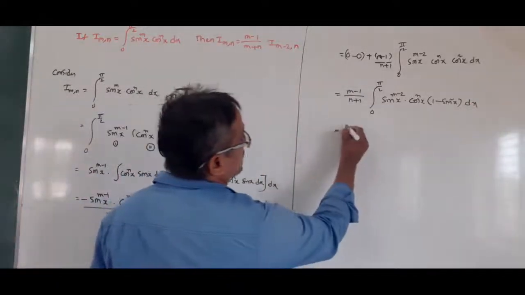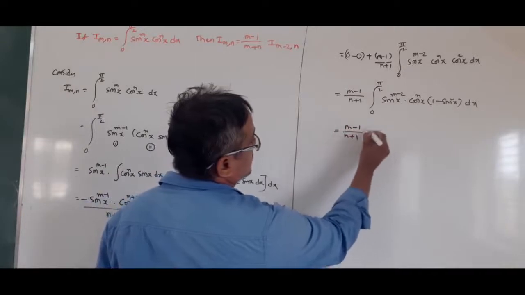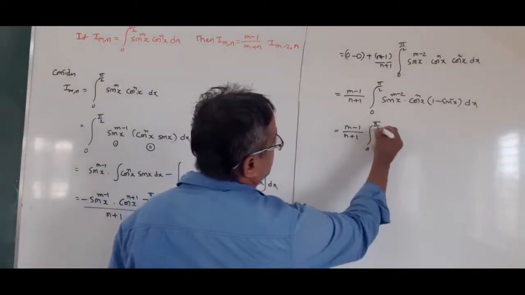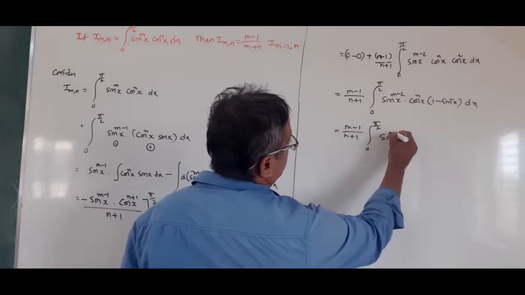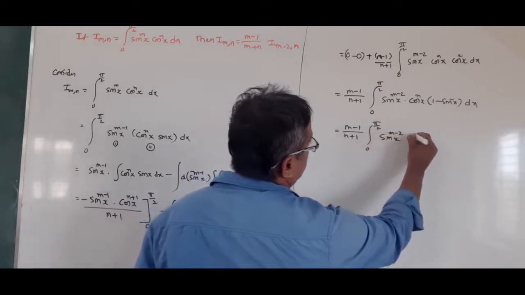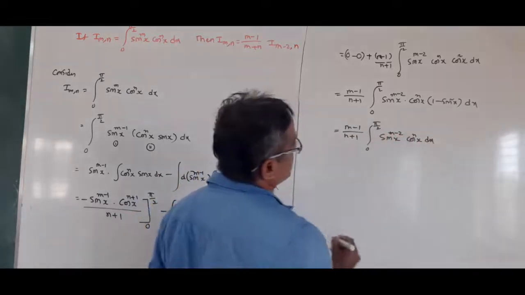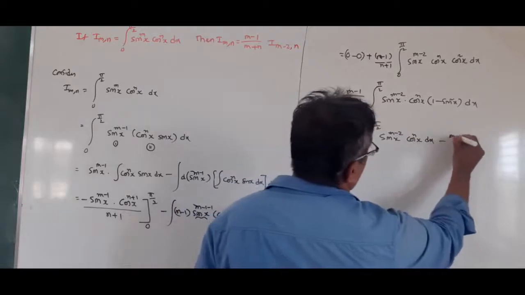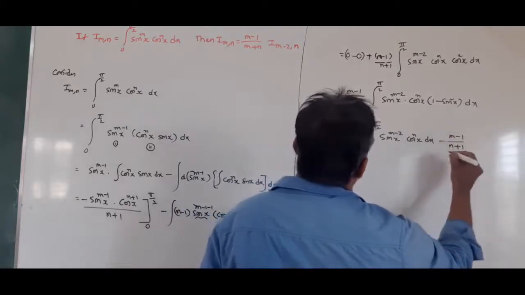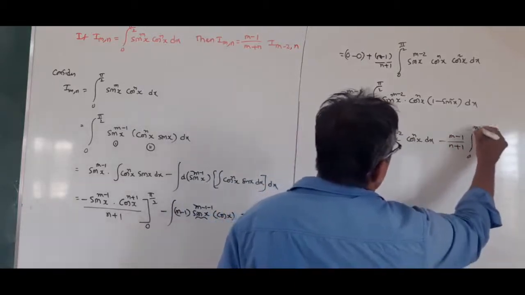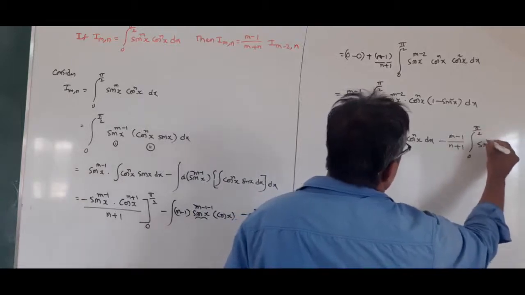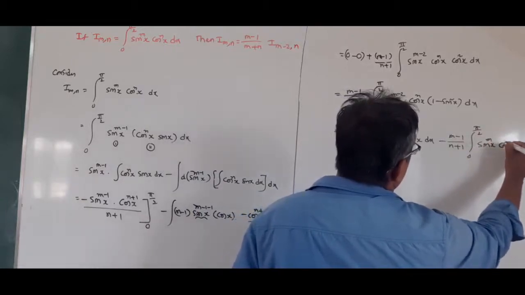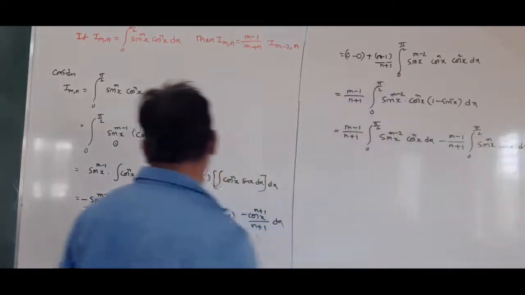You will get m minus 1 by n plus 1 integral 0 to pi by 2 sin power m minus 2 x into cos power n x dx minus m minus 1 by n plus 1 integral 0 to pi by 2 sin power m x into cos power n x dx.